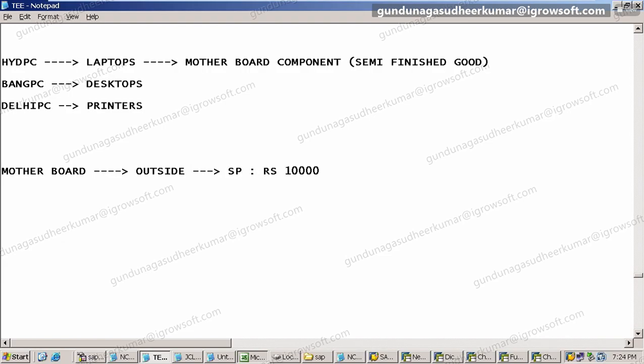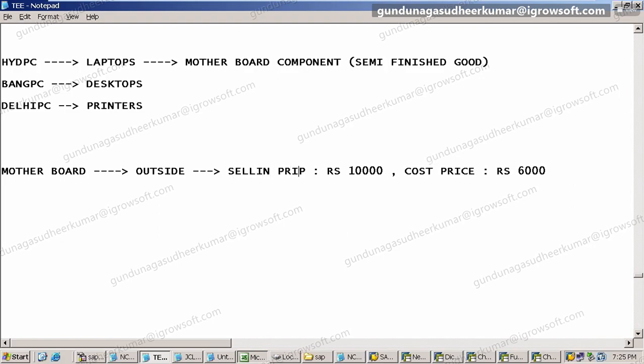But our cost price for this is around 6,000 rupees. So how much profit are we making? 4,000 we are making. Correct? You understand? Yes, sir.